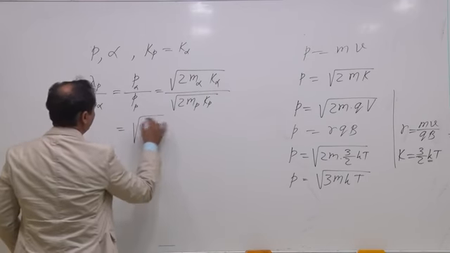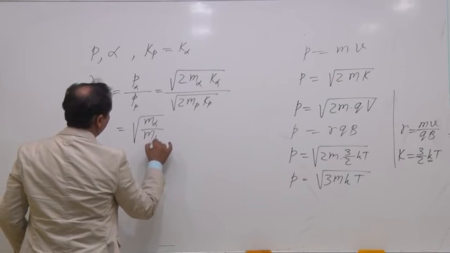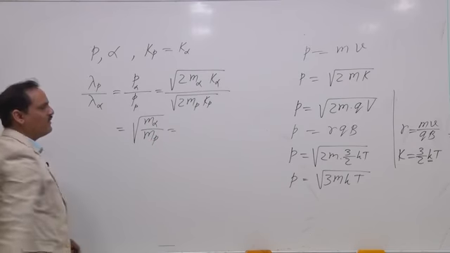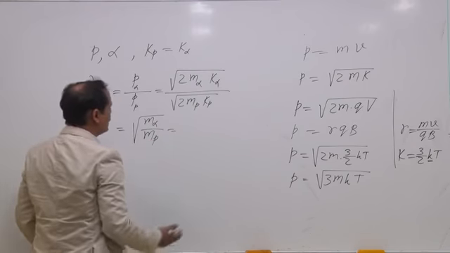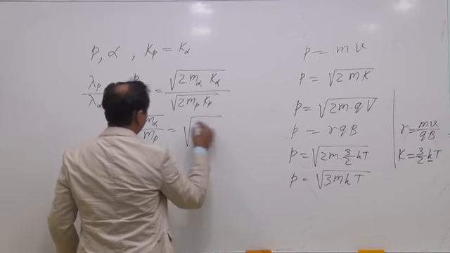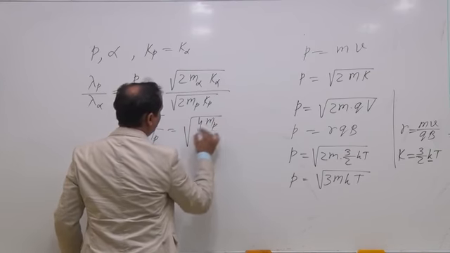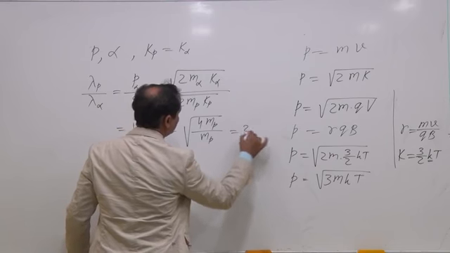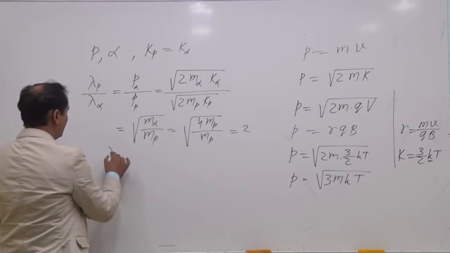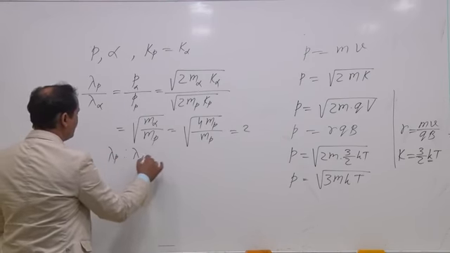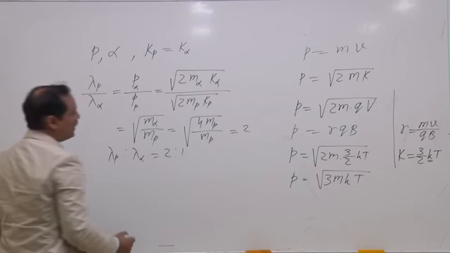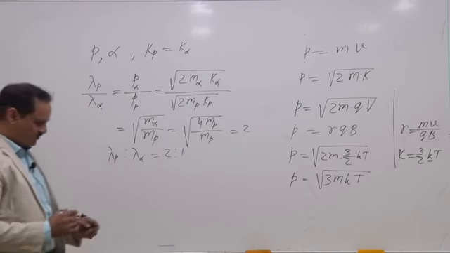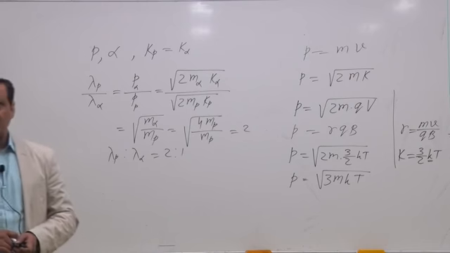So, from here we can write under root m alpha by mp. The mass of the alpha particle is 4 times the mass of the proton. So, we can write under root 4 mp upon mp, that is equal to 2. So, lambda p is to lambda alpha is 2:1. That is the ratio of their de Broglie wavelengths.